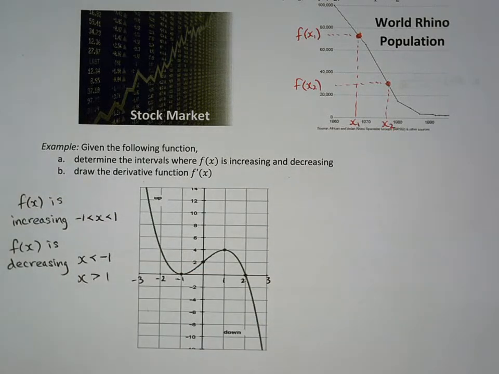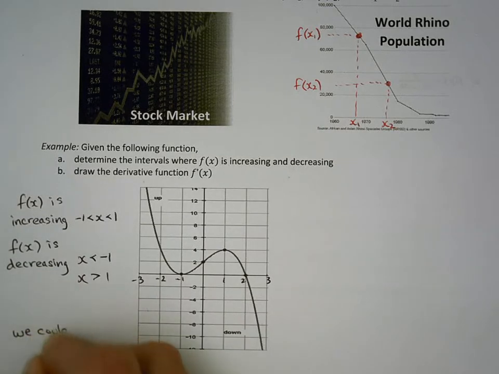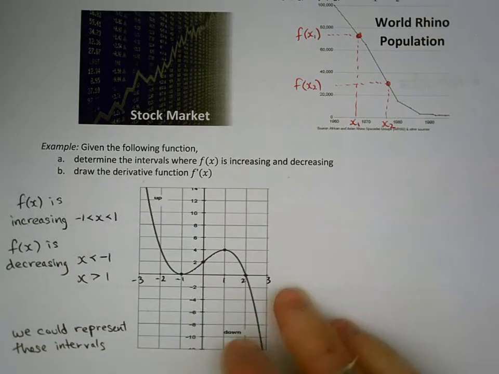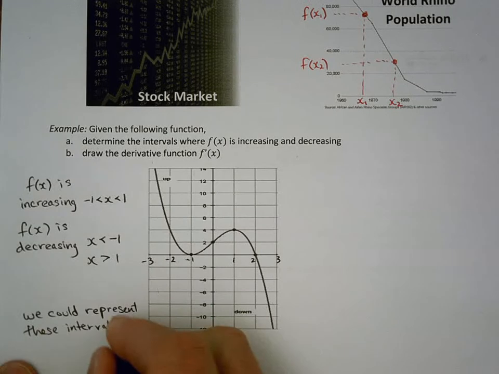So those two ranges as well. So again, graphically, it's not too difficult to figure out where something is increasing or decreasing. We could actually represent these intervals on a sign diagram.